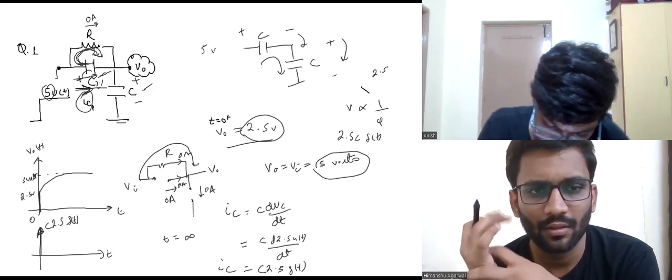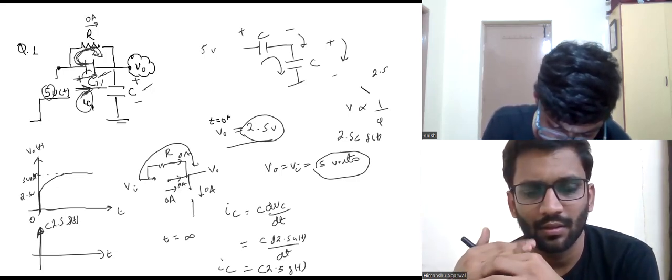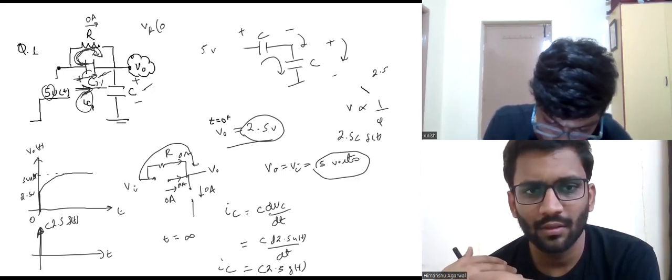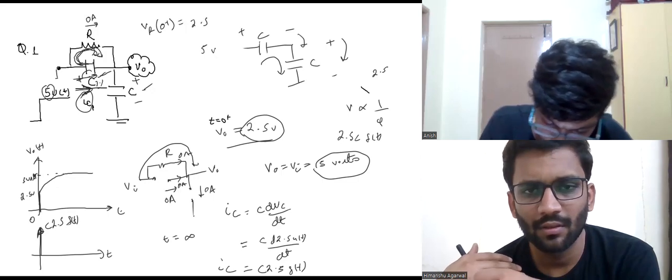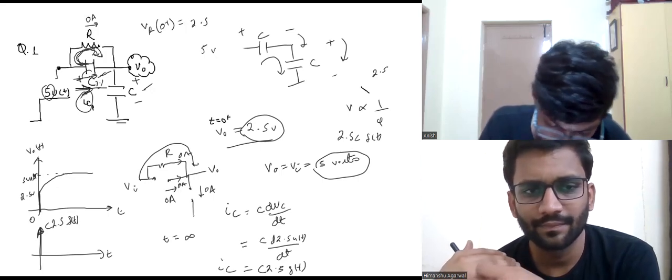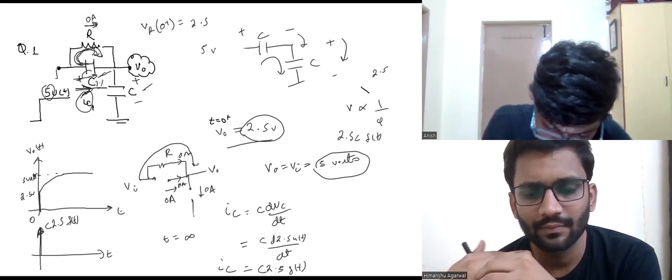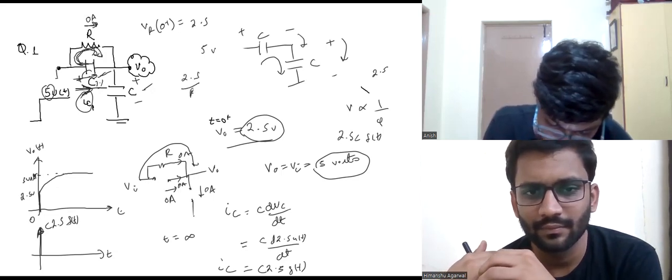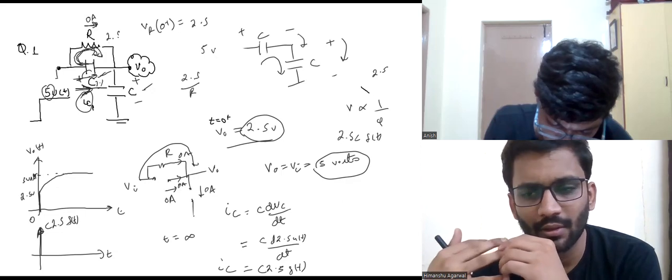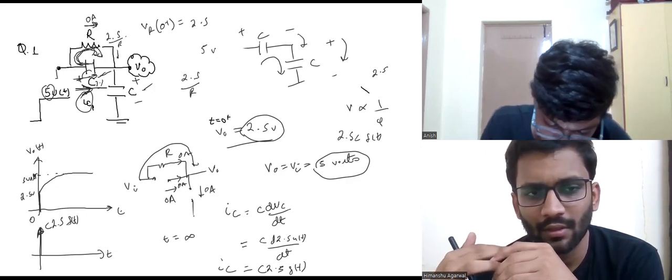As we know, what is the voltage across the R at t equals to 0 plus, right? It is basically 2.5 volts, because both of them are dividing equally. So what is the current through this resistor? It is basically 2.5 by R through this resistor, right? And this current is coming over here.